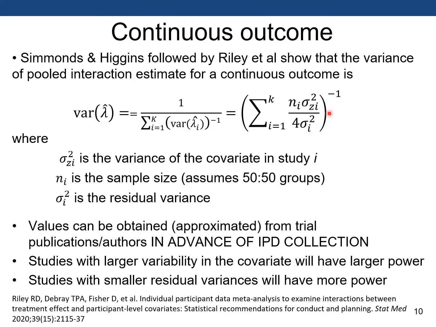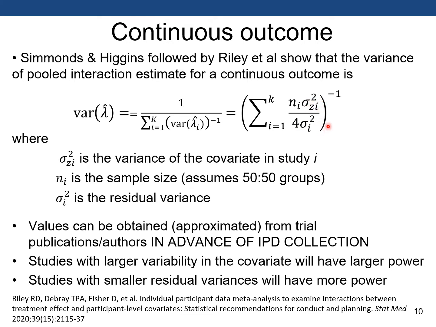What's interesting is if you look at this equation as well, we see that obviously studies with a larger sample size will have more precision. This is on the top here, but it's an inverse, so it's going to have more impact. Studies also with a larger variability in the covariate will have more precision and therefore more power.